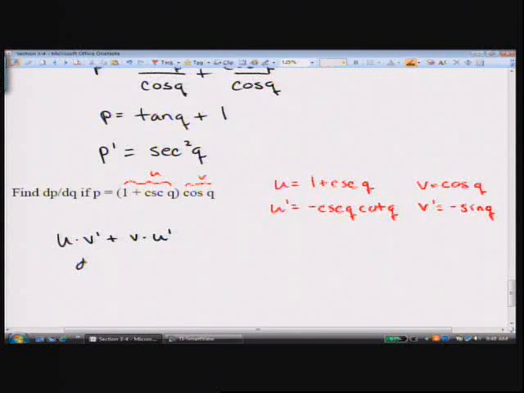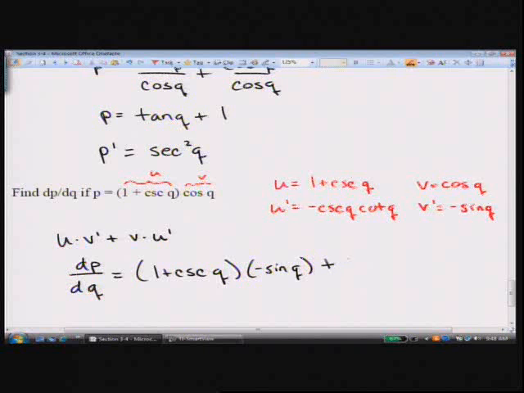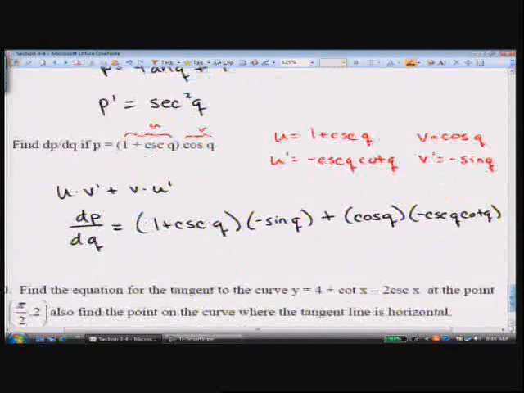The derivative of p with respect to q is u, which is 1 plus cosecant q, times v prime, which is negative sine q, plus v, which is cosine q, times u prime, which is negative cosecant q cotangent q. Everybody okay? It's weird. These q's look weird, don't they?